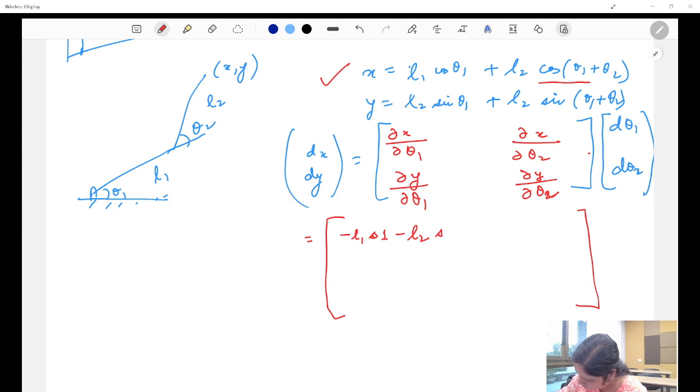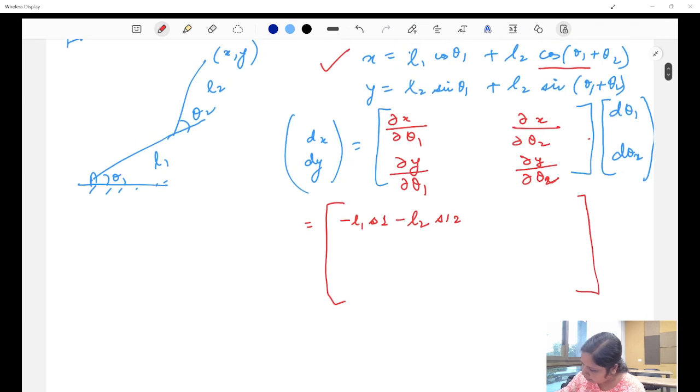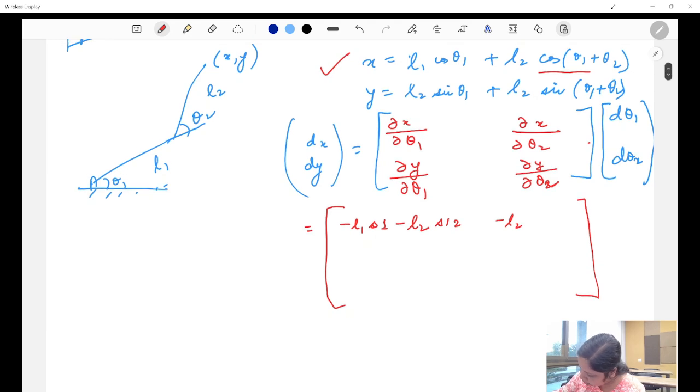Similarly, when you differentiate x with respect to theta 2, the first term gives 0 and the second term gives minus L2 sin(theta 1 plus theta 2). Similarly, here you will get L1 cos theta 1 plus L2 cos(theta 1 plus theta 2). The last term, differentiating with respect to theta 2, gives L2 cos(theta 1 plus theta 2).